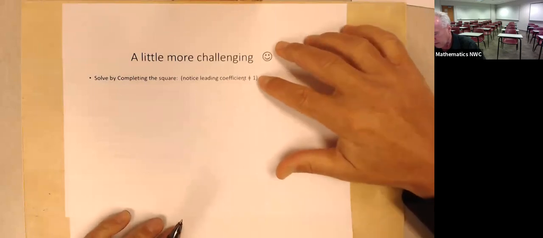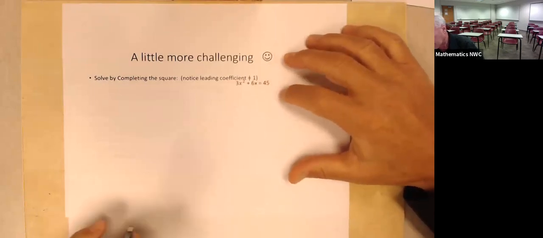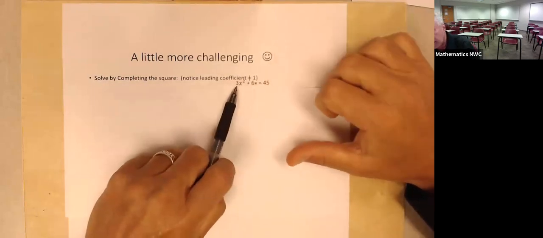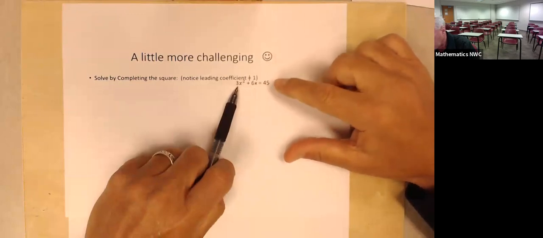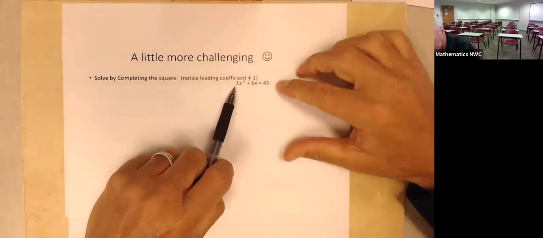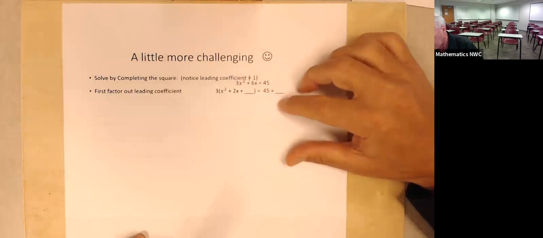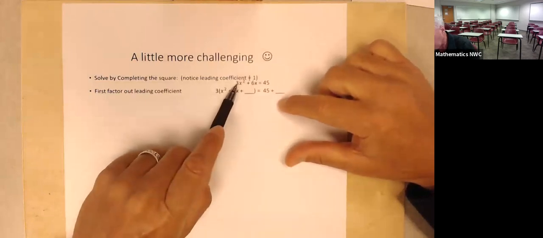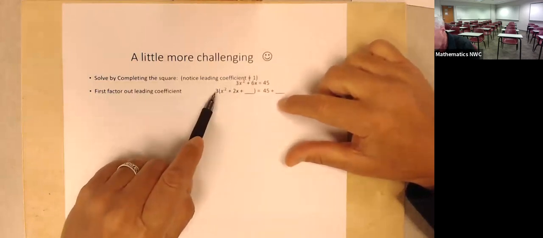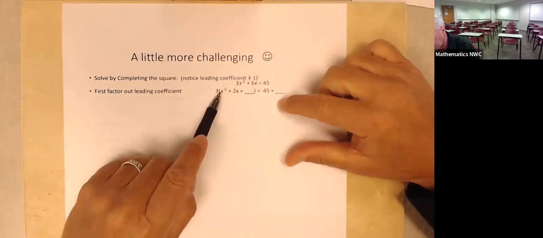What happens if it's not equal to 1? For example, here it's 3. Well, when it's not equal to 1, we have to factor that number out to make it 1. In other words, because it was a 3 instead of a 1, I factor the 3 out. That leaves me 1x squared right there.